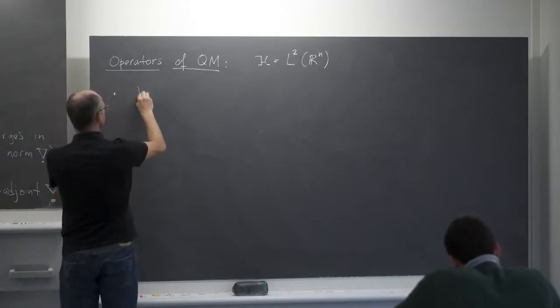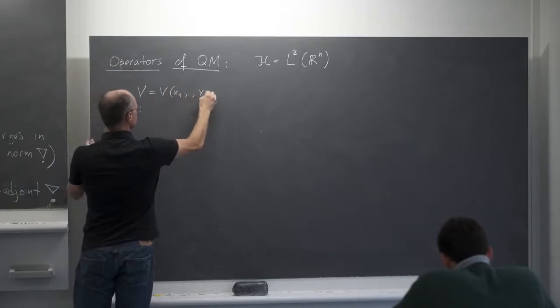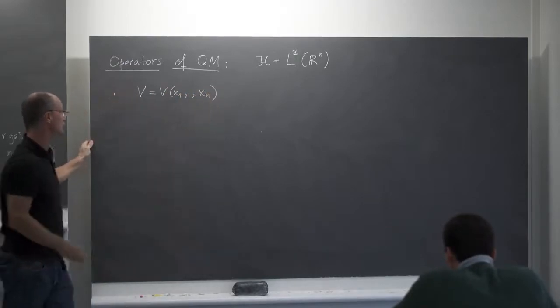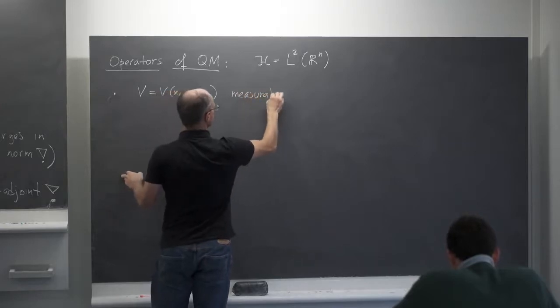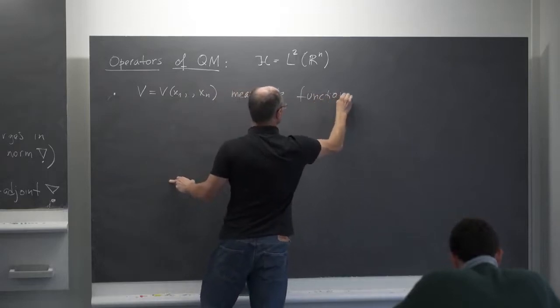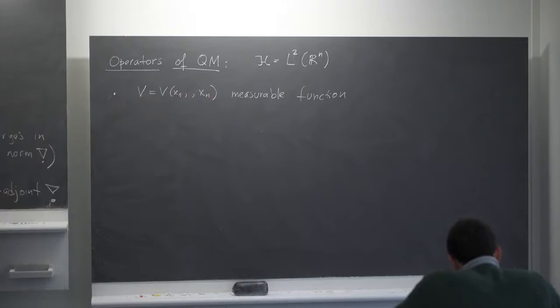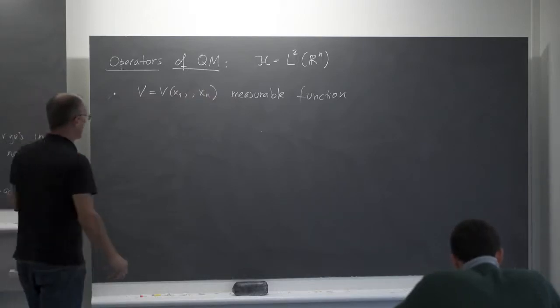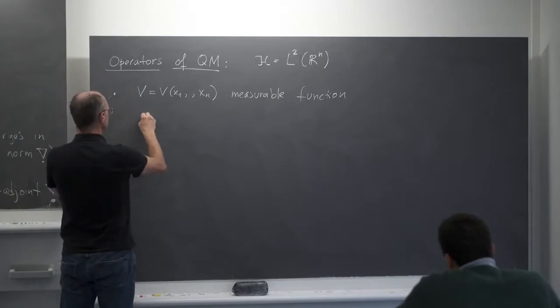Then let's say we take a function V on R^n, and this is rather general. We take an arbitrary measurable function. So then we can define an operator.